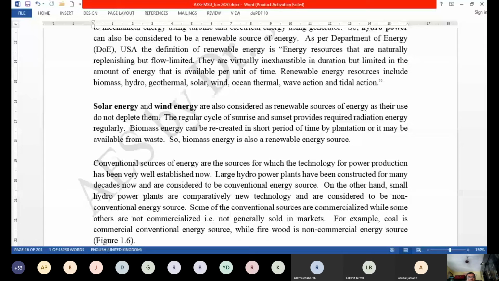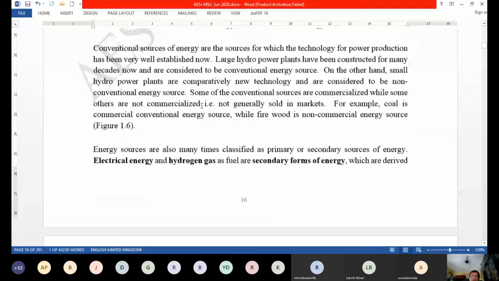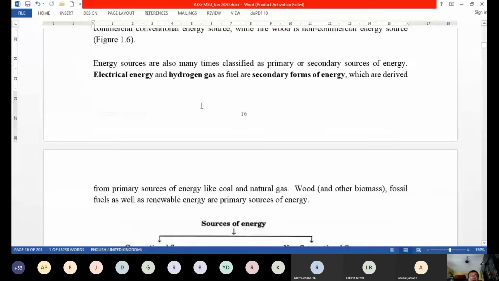Some of these energy sources may start becoming mainstream, like solar is growing, wind is also growing, but even now generally people put them as non-conventional energy sources. Hydro, though it is renewable, is conventional, because it has been there for many decades now.